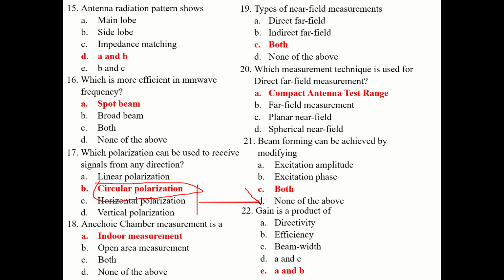Gain and directivity are the same if efficiency is 1, meaning there is no loss at all. When you employ a lossy medium, efficiency comes into the picture because many losses are accounted for, so you have another parameter called gain: efficiency multiplied by directivity. That's why the answer is A and B.